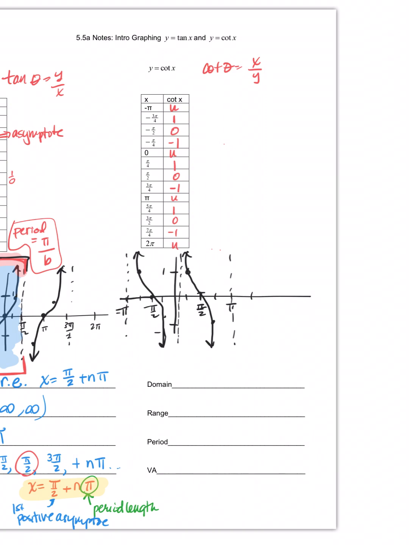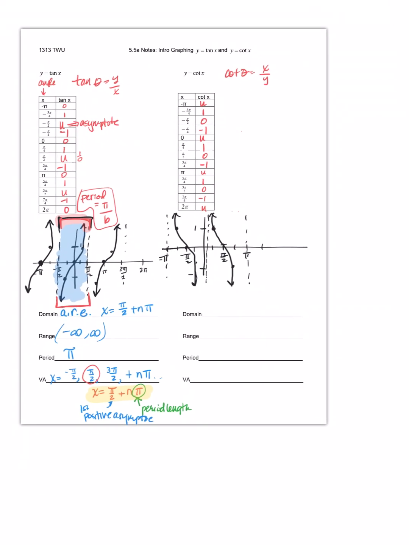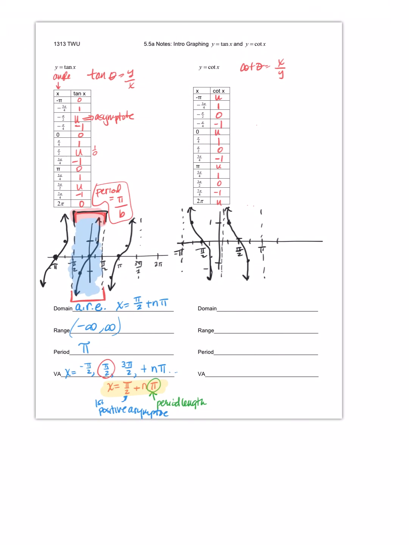Okay. Now, all right, so we look at them side by side. Look, they changed directions, didn't they? What else changed? There's only two. Well, we could have kept going. We just didn't. Did the period change?